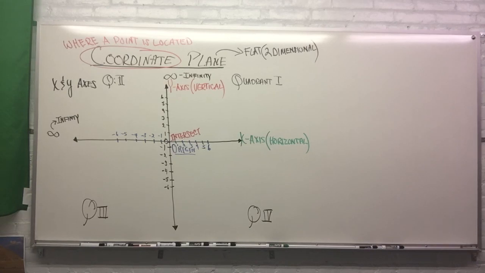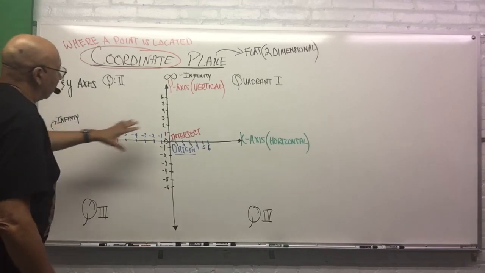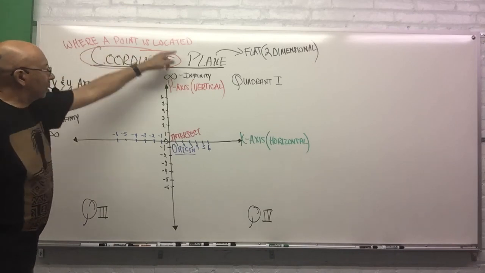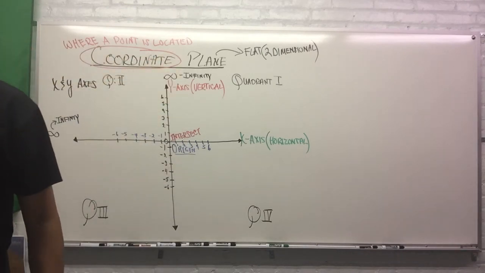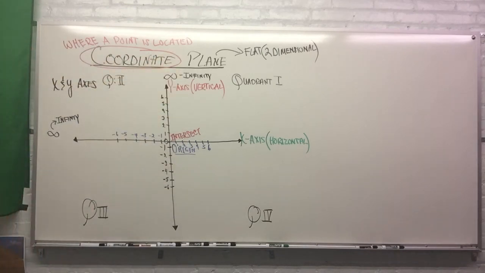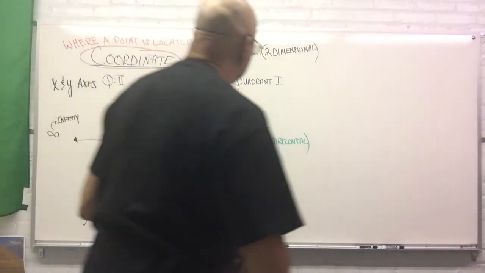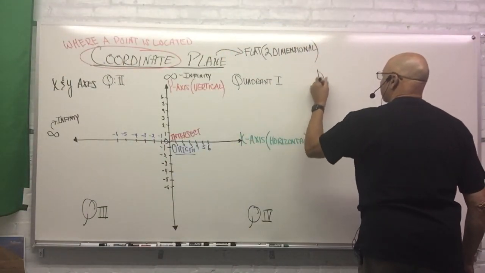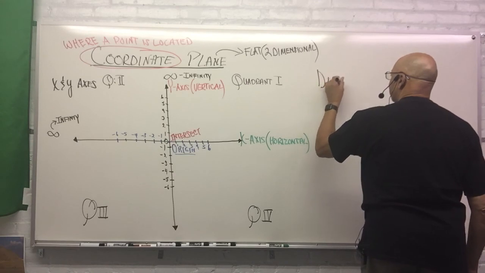So now, the coordinate we need to determine where a point is, it tells us where a point is located. So how does this work? Well, a coordinate is a point. Here's a definition, DEF, that's what we need.